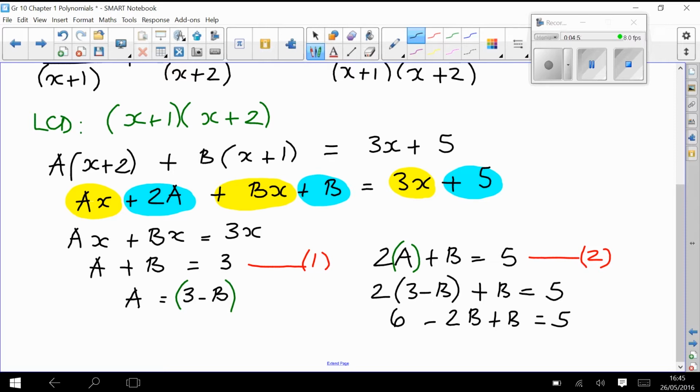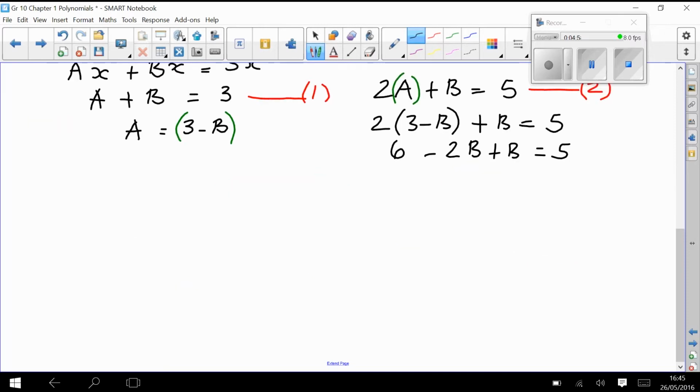If I take my constants to the one side, I'm going to take the 6 across to the side where the 5 is, and so now on the left-hand side, I'm going to have minus b. On the right, I'm going to have 5 minus 6, which is minus 1. So therefore, b is equal to 1. Now I can see that a is going to be 3 minus this value that I've just found for b, and so a is 2.